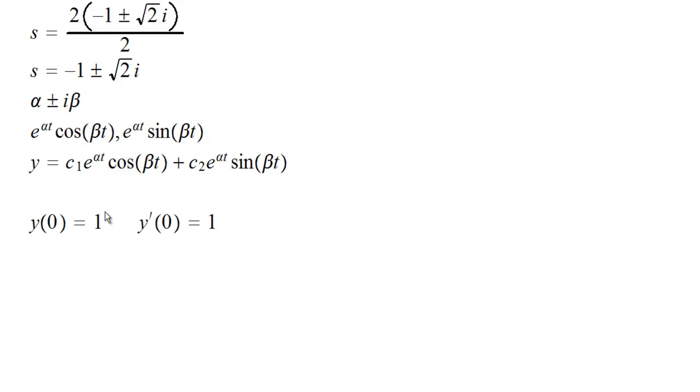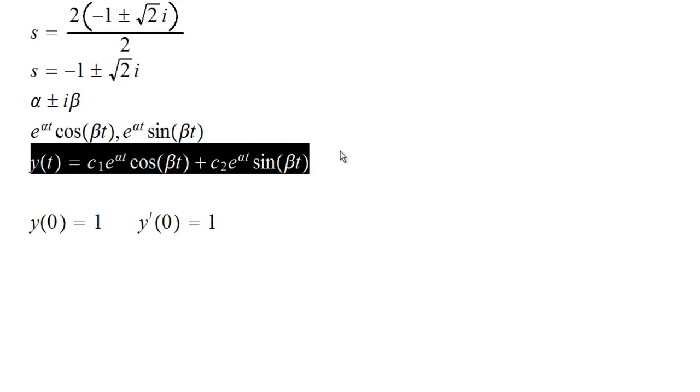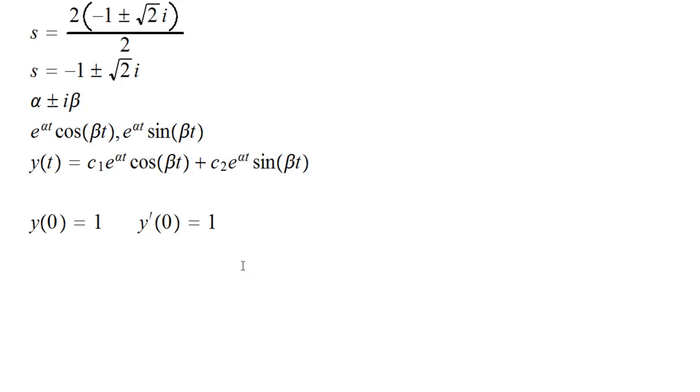So the first one, y at 0 is 1, this is y of t, strictly speaking. So if we substitute t as 0 in here, then what do we get? We get e to the 0 cosine of how much? 0, and then e to the 0, and then sine of 0, right?